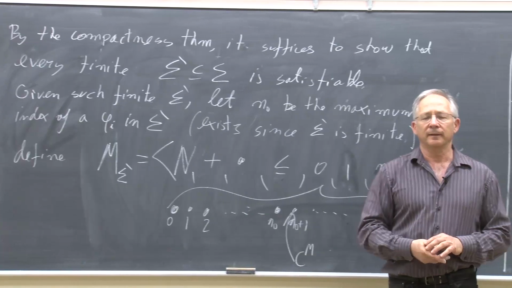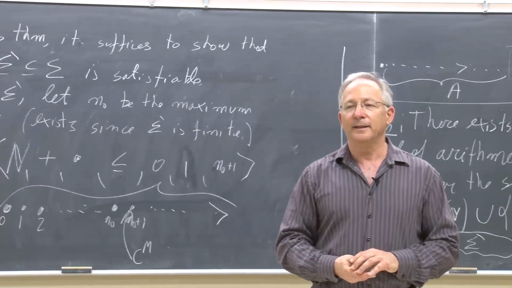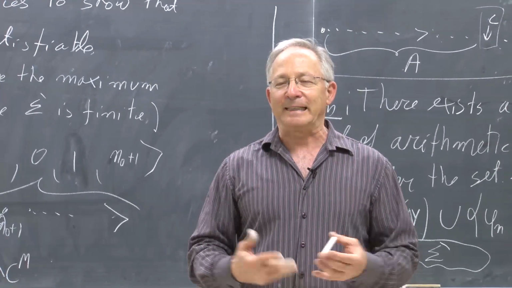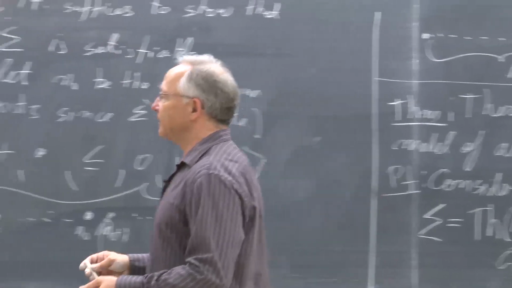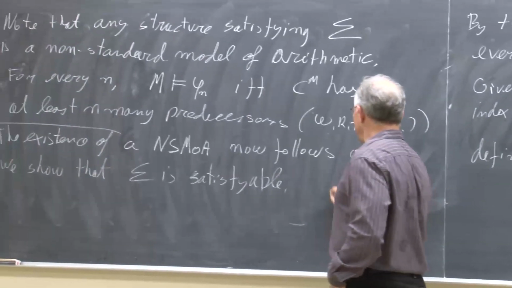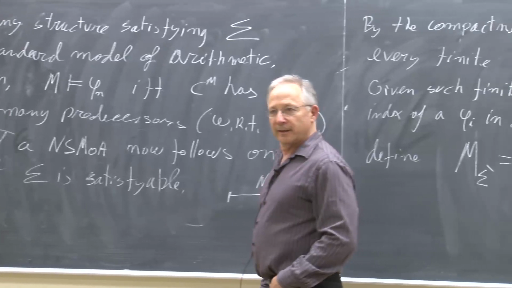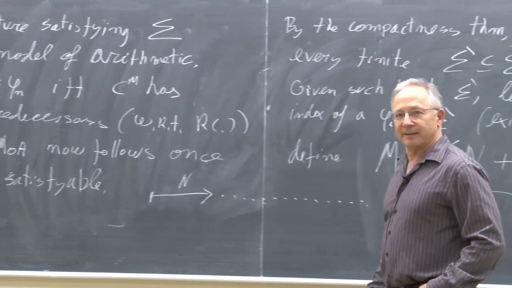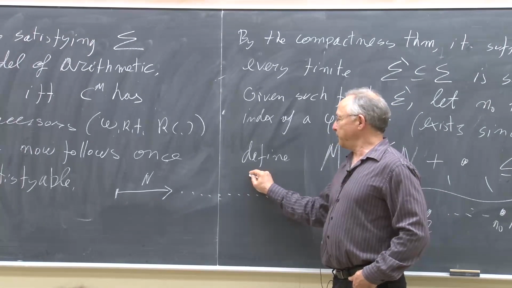Yes? I was wondering if we have an example of M that is a non-standard model. So we discussed it last time. I mean, an example in the sense that we could describe it. Okay. We describe it because the non-standard model looks like this. It looks like the usual standard model of arithmetic with the usual operations. And then you have here a dense, nicely ordered set that looks like the rational numbers.